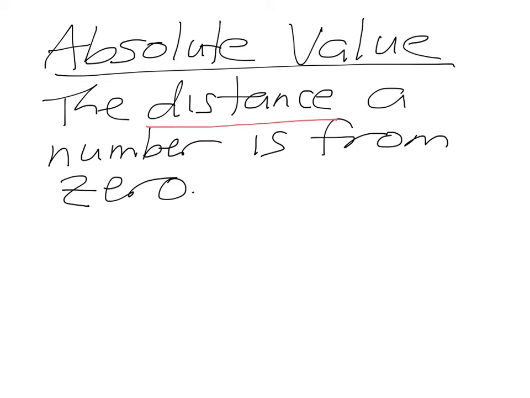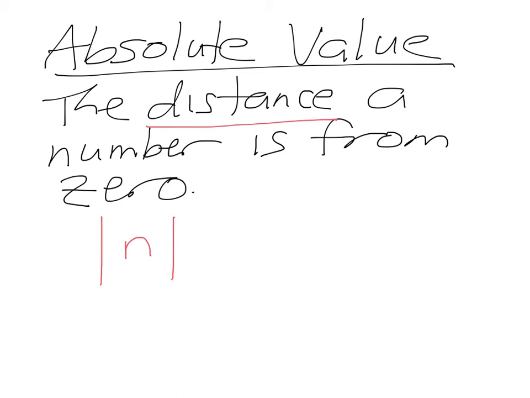So when we think about the absolute value of a number, we're thinking about its distance. The answer obviously is going to be a positive number. Absolute value is always written with 2 vertical lines surrounding the number.